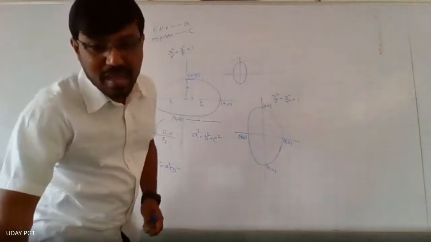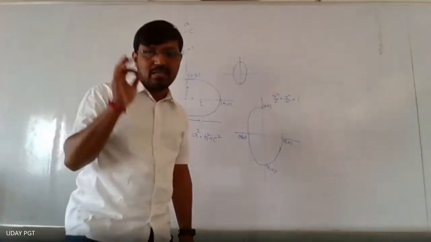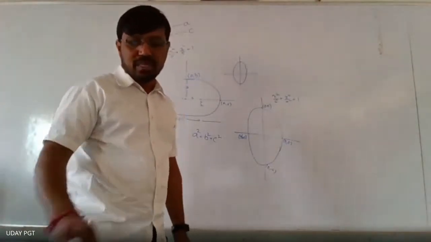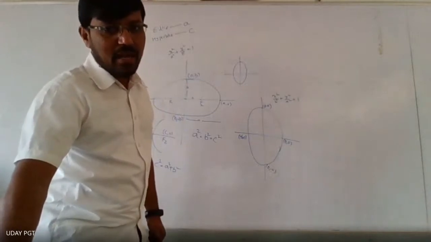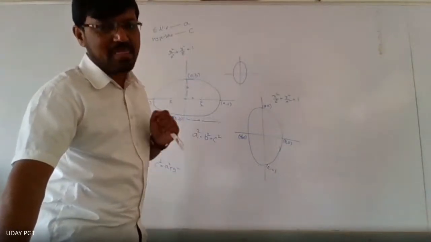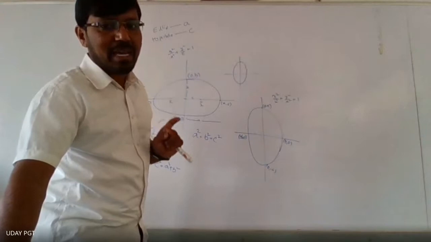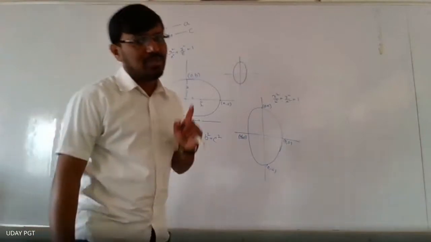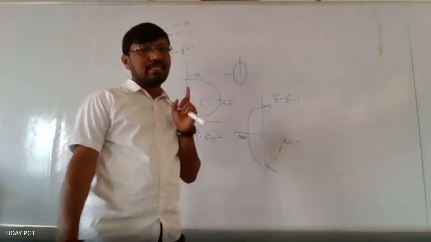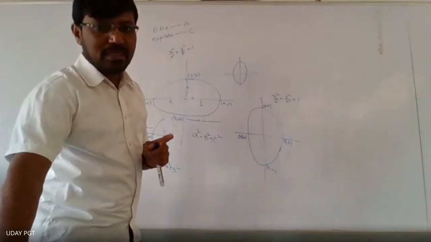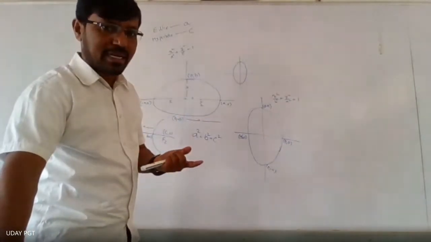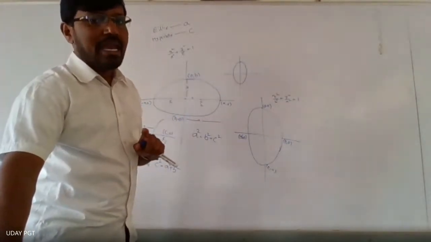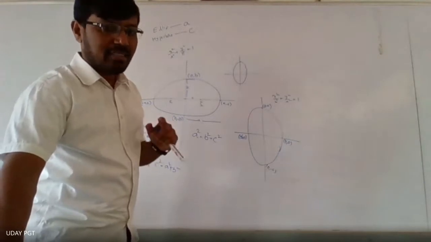This is the main point to remember in case of the hyperbola: the relationship between A, B, C. So in case of the hyperbola, the eccentricity equals C by A.